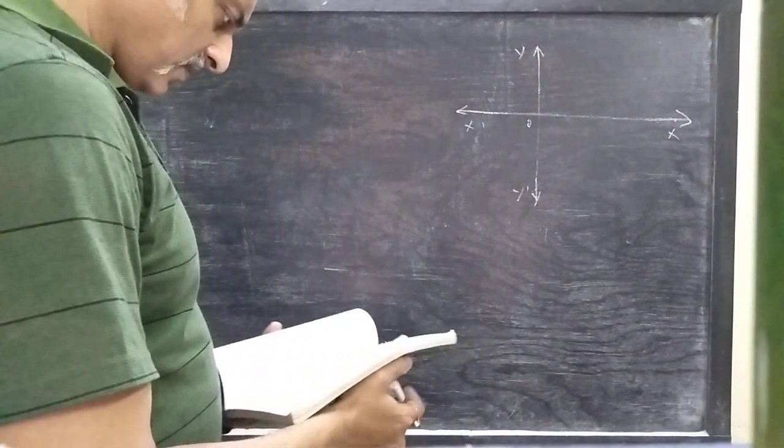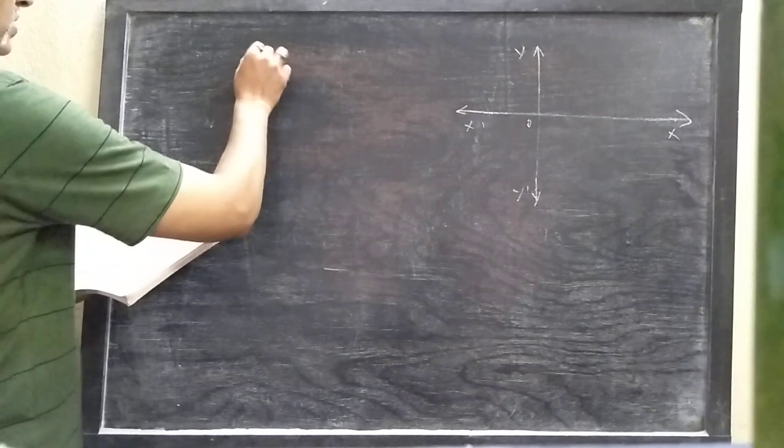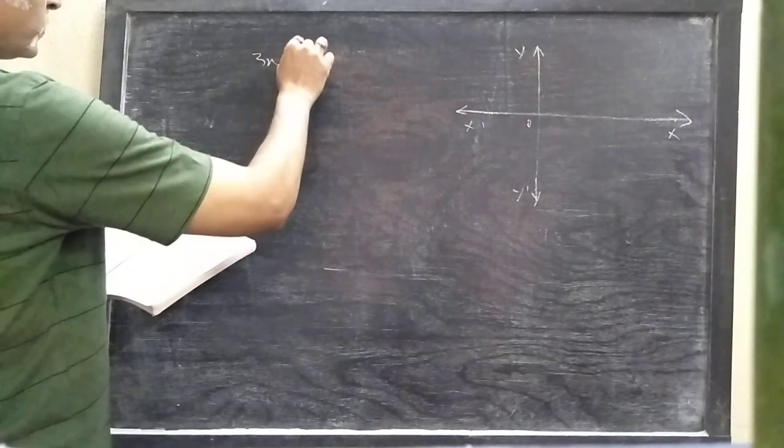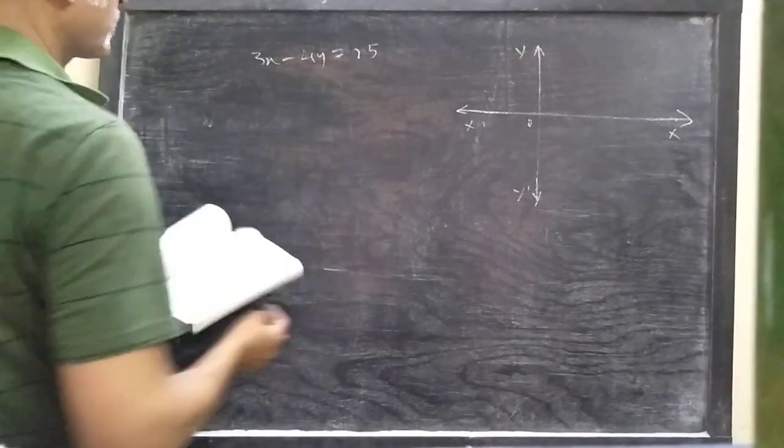The equation of the given line is 3x - 4y = 25.